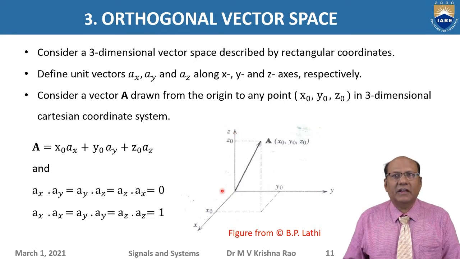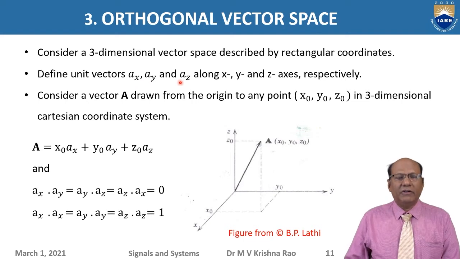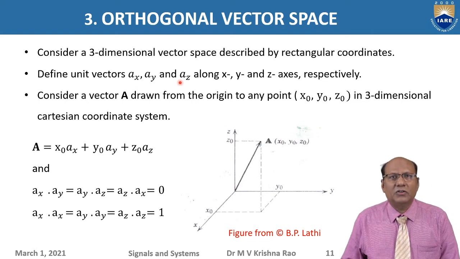There are three axes here, a rectangular, Cartesian coordinate system, and I am defining three unit vectors, one along the x-axis, another along the y-axis, another along the z-axis. So ax, ay, az. These are the unit vectors along the three orthogonal axes of a Cartesian coordinate system.